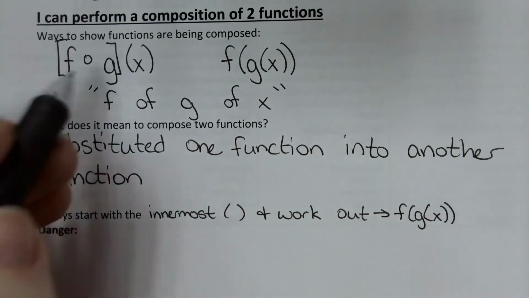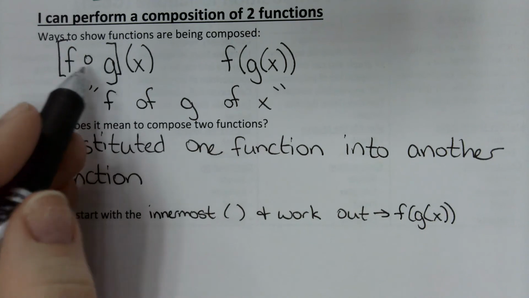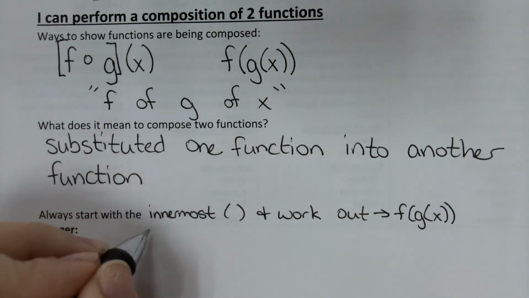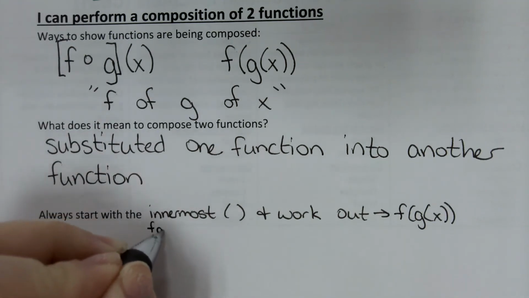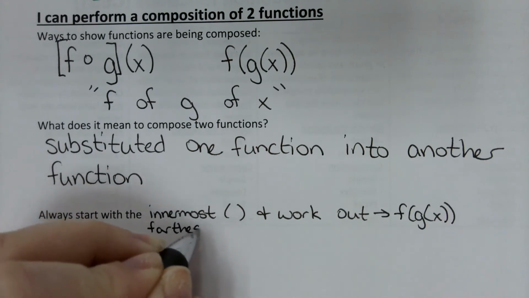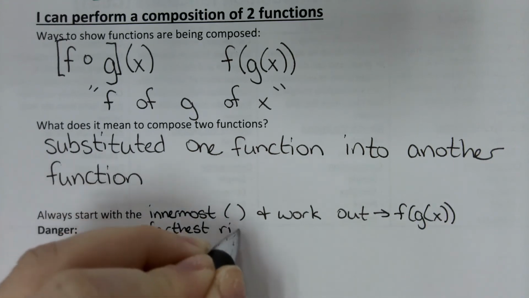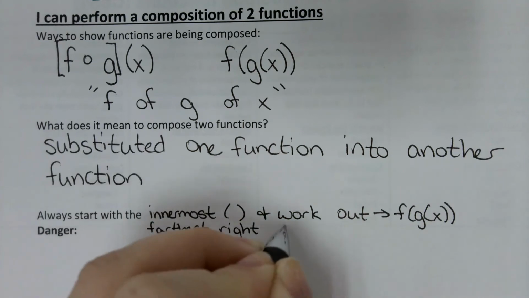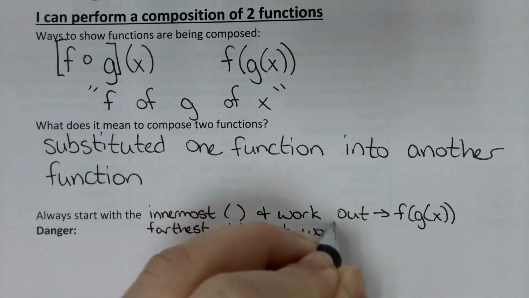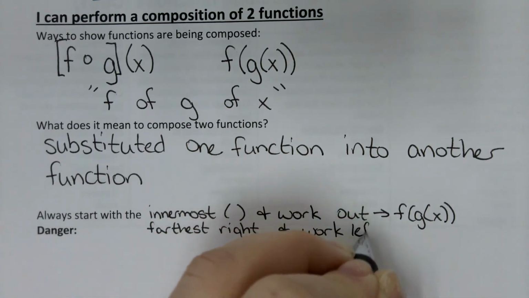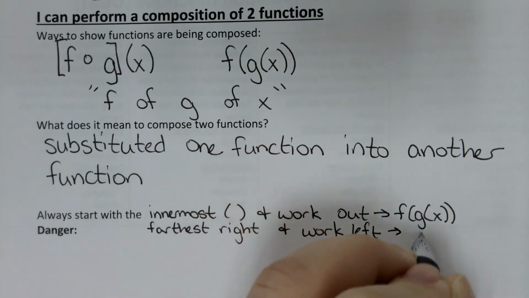Now, if it was written like this with the little bitty O, the open circle O, you would start on the farthest right and you would work your way left. And that would be when it's written like this.